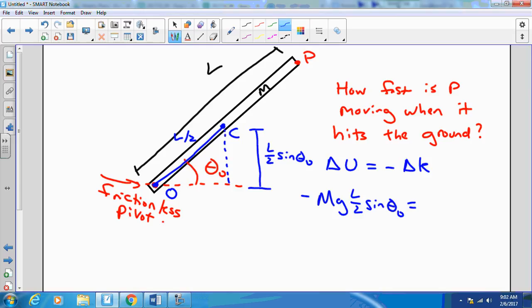If I choose point O as my pivot point right here, then point O is not moving at all. It is not translating. Because point O is not translating, I can consider all of the kinetic energy to be purely rotation about point O. So that seems like a good bet.